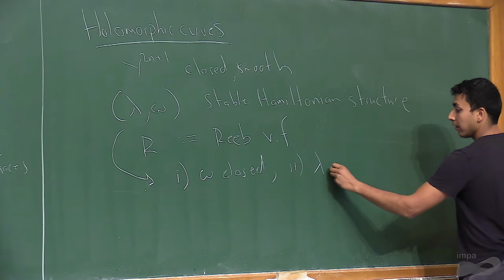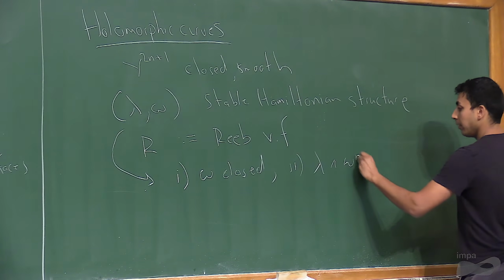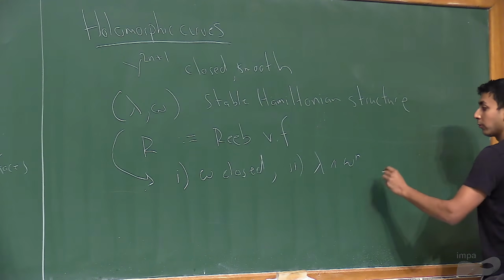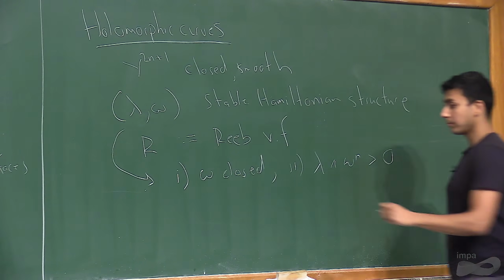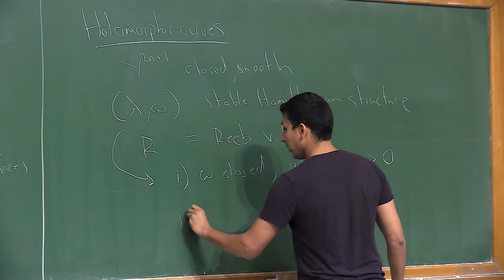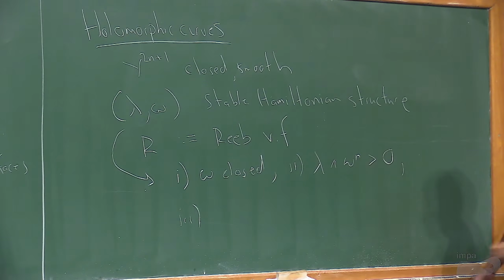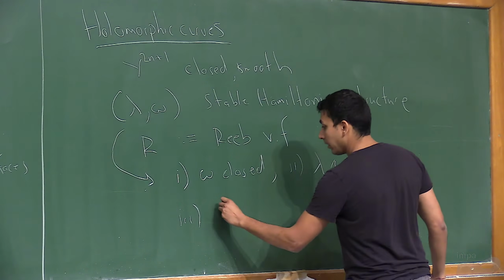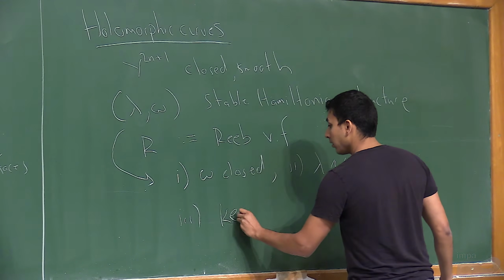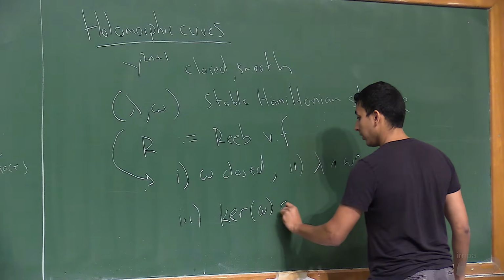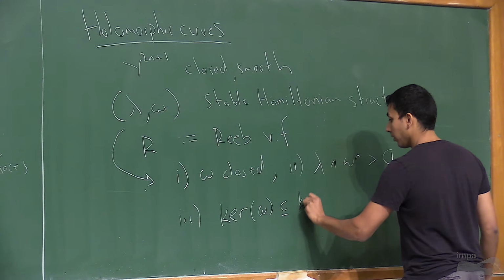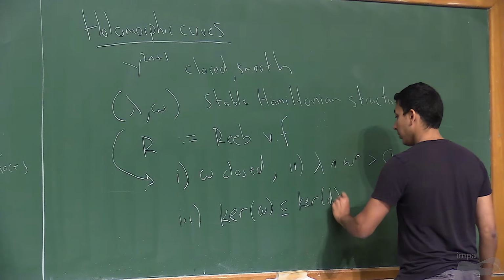This means that lambda wedge omega to the n, a top dimensional form, is positive. And then the third property is what's known as the stability condition. This says that the kernel of omega is contained inside the kernel of d lambda.